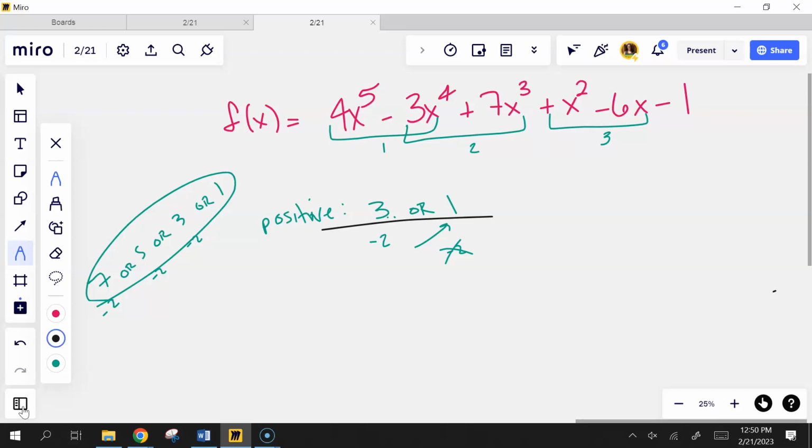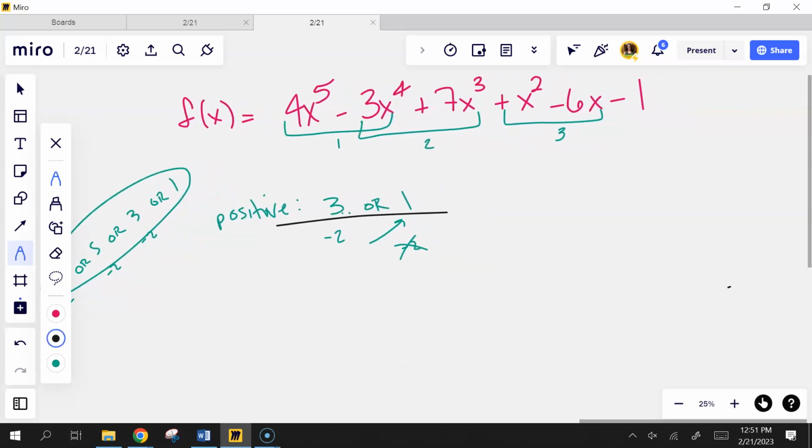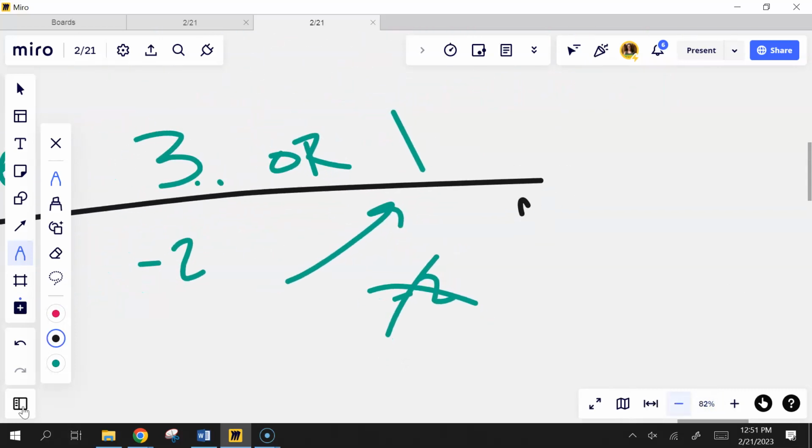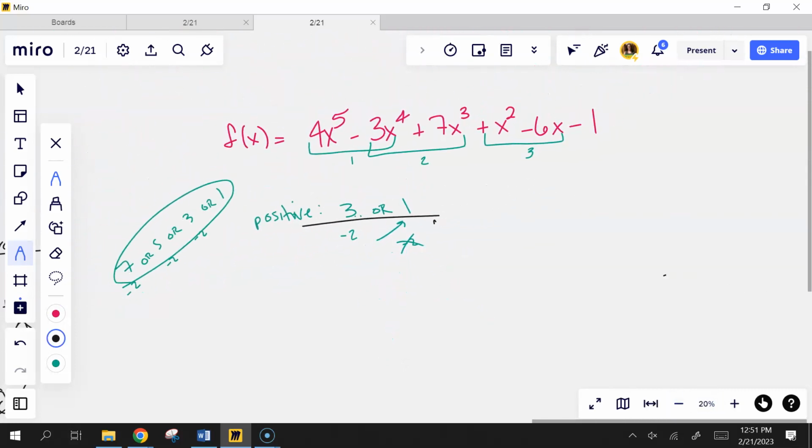All right, let's do the negatives. To do the negatives, I have to find f of negative x. Now, here's what you have to remember. If you raise something to an odd power, it keeps its sign. If you raise it to an even power, it becomes positive.